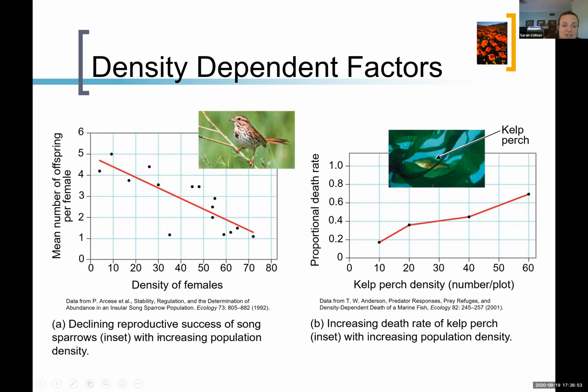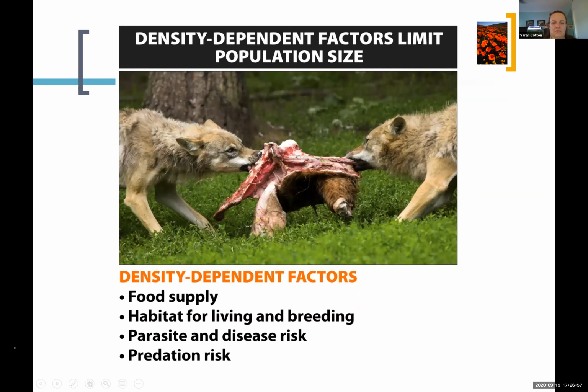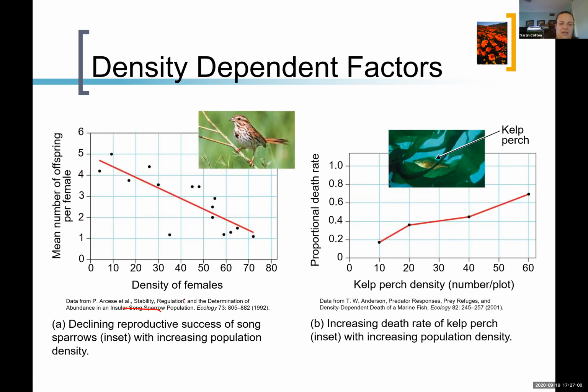So declining reproductive success, or increasing death rate. Kelp perch is a type of fish. As their density goes up, their death rates also go up. So their risk of dying goes up as there are more and more of them.